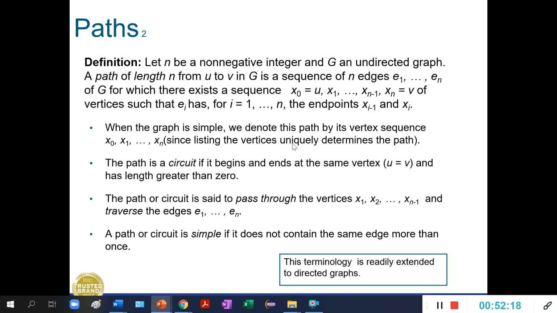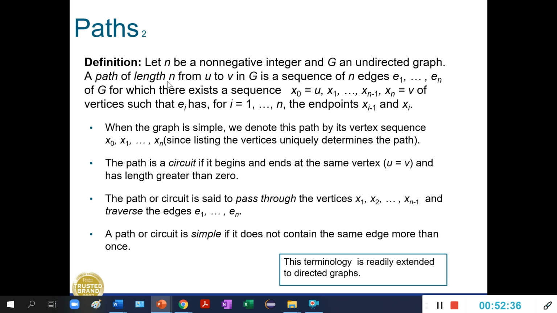So, the definition. Just don't worry about the definition when you do the example. It's okay. Wording in mathematics just makes you more confused. So let n be a non-negative integer, and G an undirected graph.